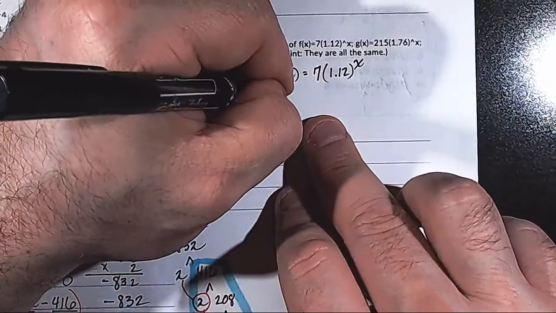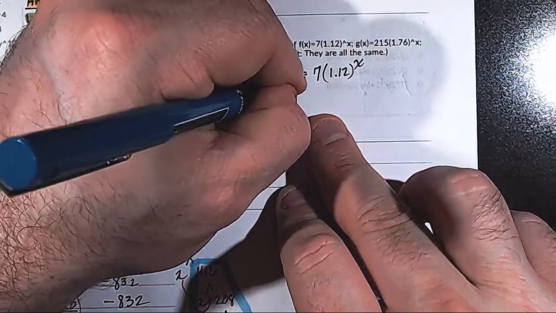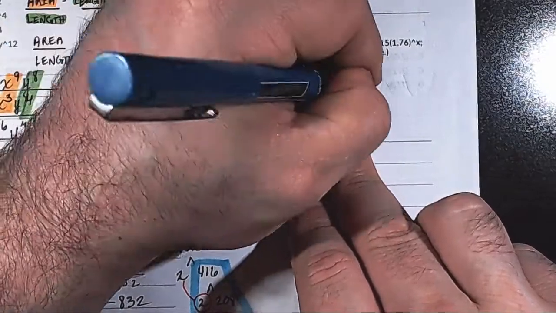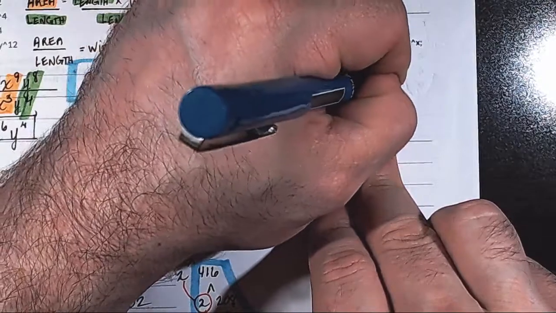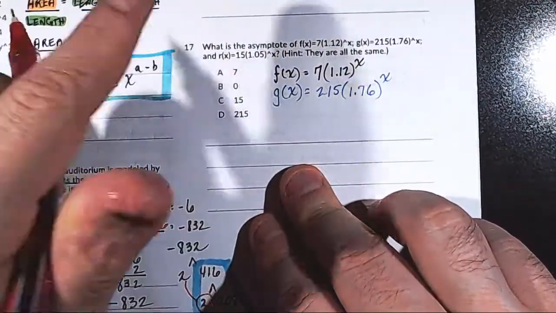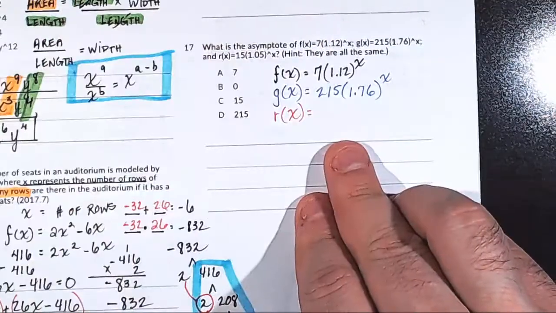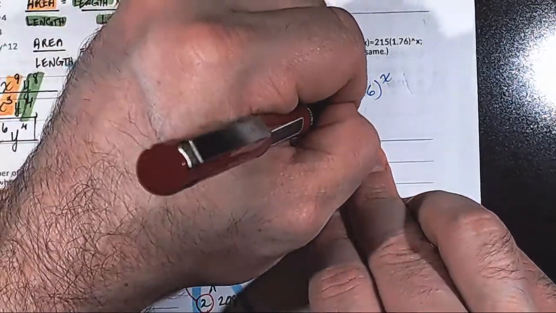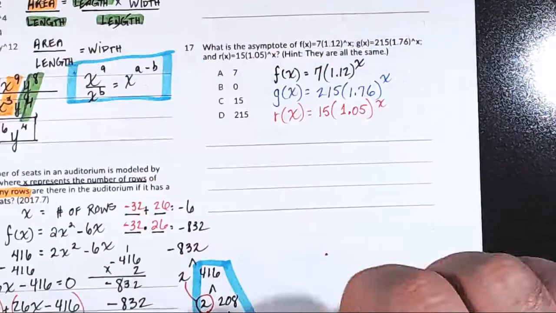And then we are given g of x equals 215, open paren, 1.76, close paren, raised to the x. And then the last one, r of x is equal to 15, open paren, 1.05, close paren, raised to the x.